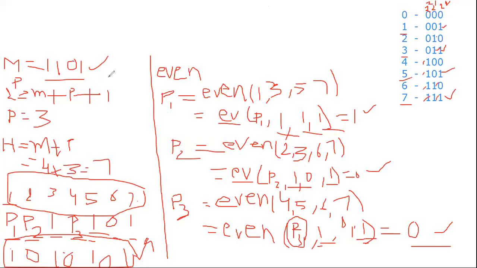Including the message bits, the parity bits are also transmitted. Now, from the transmitter to the receiver, we are sending this Hamming code.